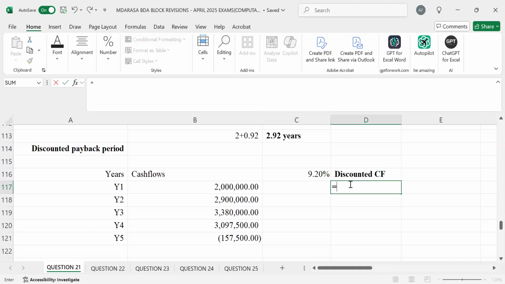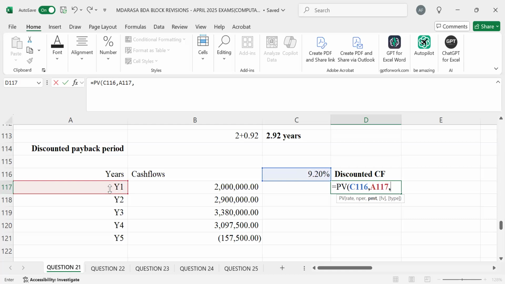So we want the present value of the cash flows here, right? Because we're doing one by one, we use the PV tab: rate, comma, period, which we determine to be 1, comma, PMT.